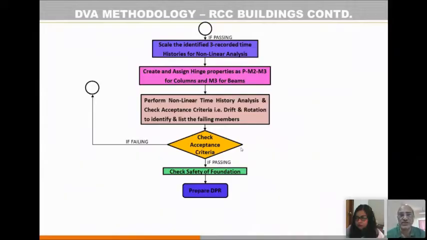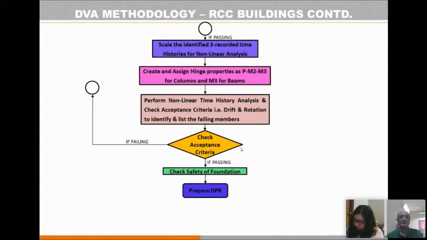Whenever you are conducting the non-linear time history domain analysis, you should be very particular in the selection of the time histories you incorporate. For that purpose, the site conditions at your particular site need to be understood properly, and based on them you have to select appropriate time histories.